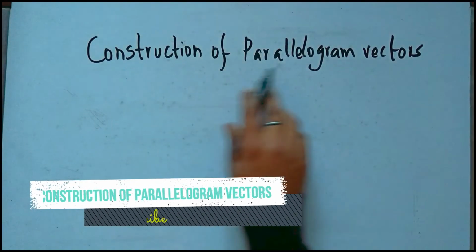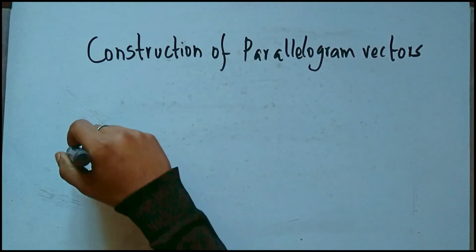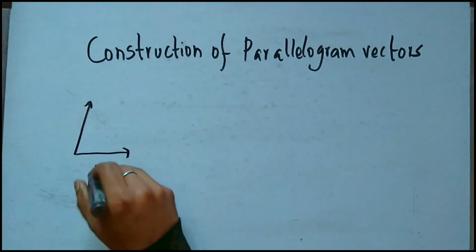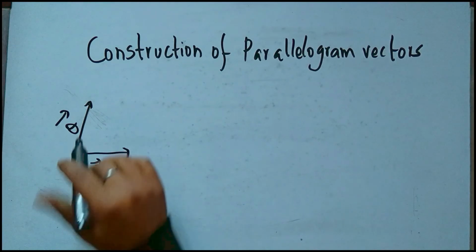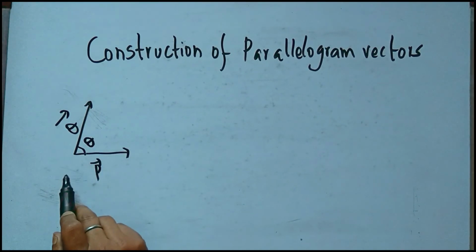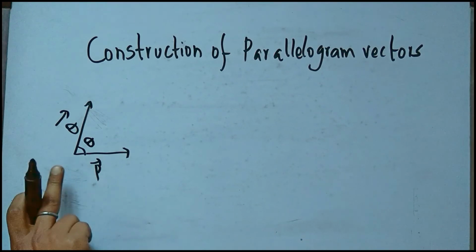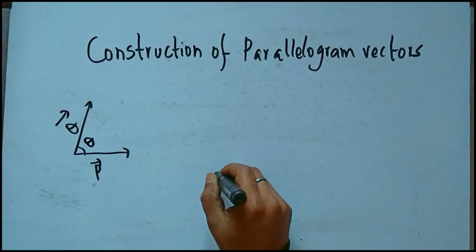How do we construct a parallelogram of vectors? Suppose there are two vectors, vector P and vector Q, and theta is the angle between them. How do we construct the parallelogram of vectors based on these given data? What we do, we take a point.